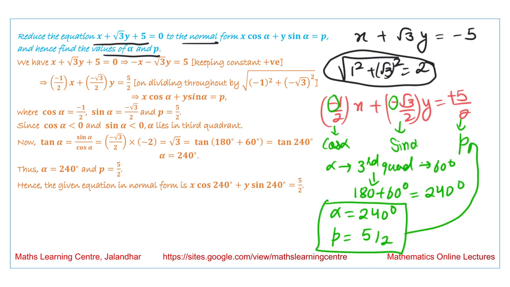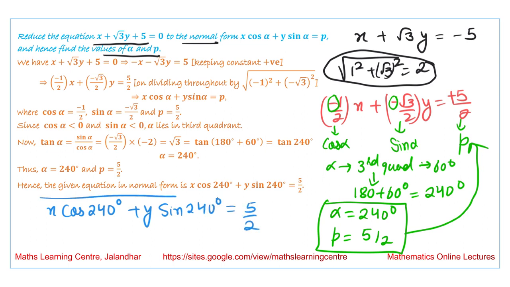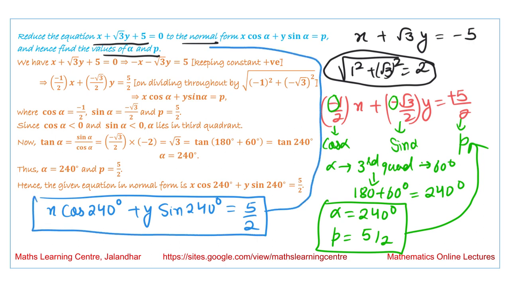These are the two values that we obtain from this. And the equation in the normal form that we will have is x cos 240 degree plus y sin 240 degree is equal to 5 by 2. So this is the equation when we write it in the normal form, and these are the values of alpha and p that we have.